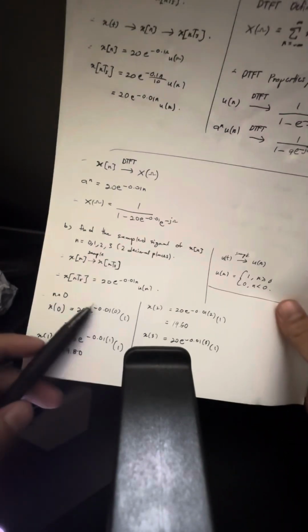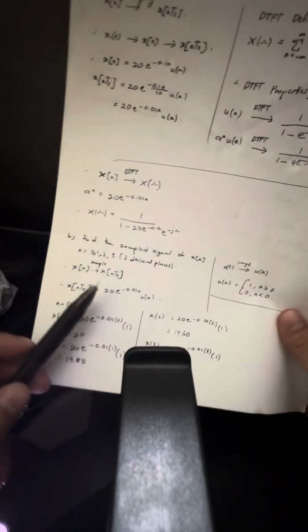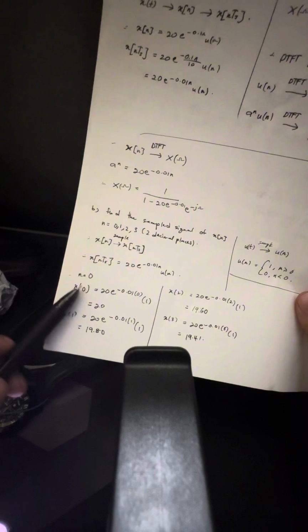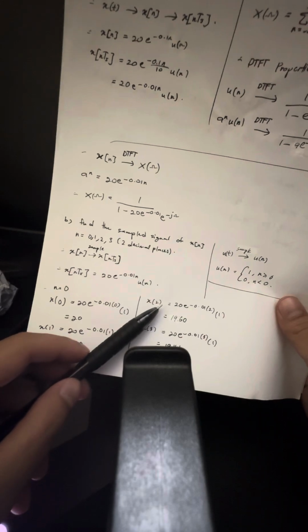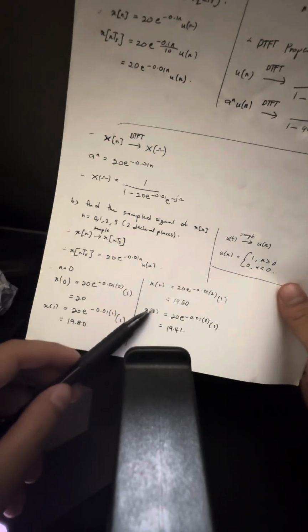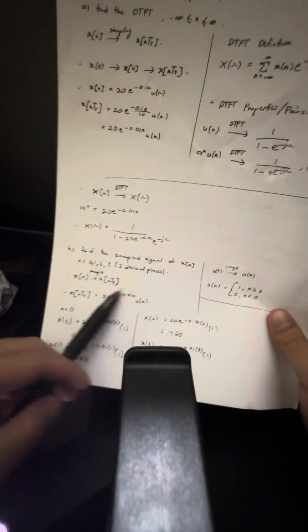So we do the same thing, and we got the same signal. When n is equal to 0, we got 20, x of 1 is 19.8, x of 2 is 19.6, and x of 3 is 19.4. So that is our question B answer.